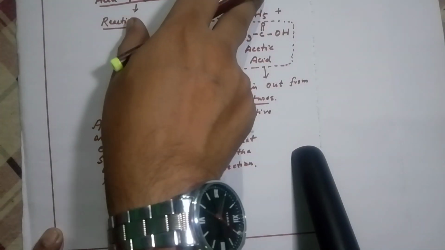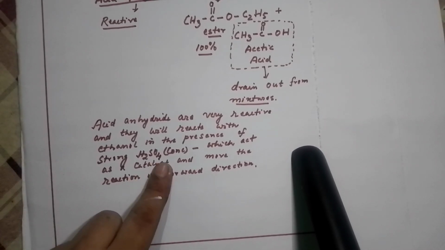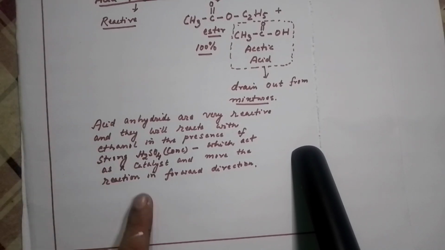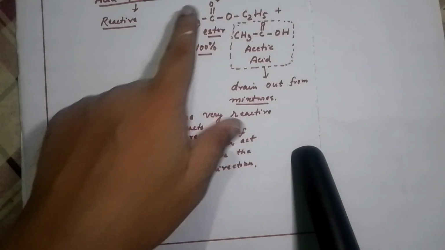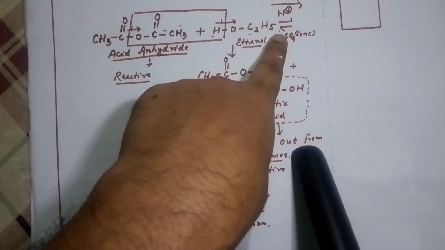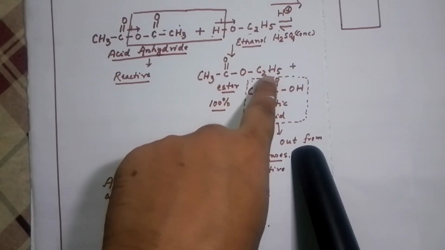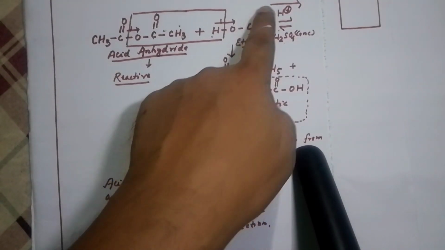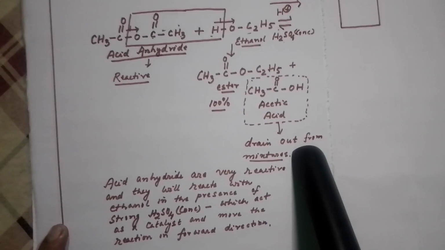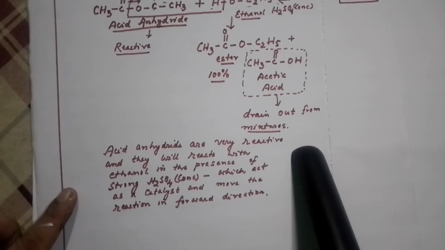And the sulfuric acid will act as a very strong catalyst, which increases the rate of the reaction and moves the reaction in the forward direction, not in the reverse direction. If it goes in the reverse direction, we will not get ester. So it will move toward the forward direction and we'll get the ester formation.